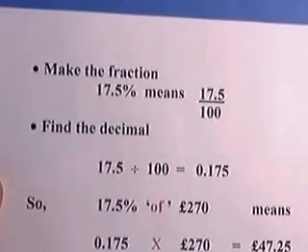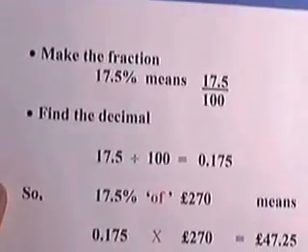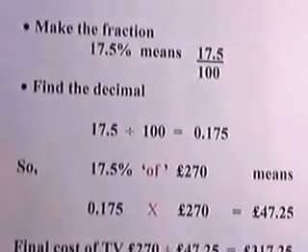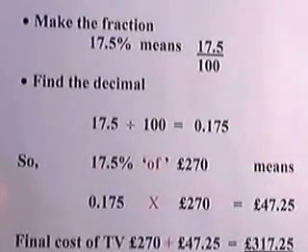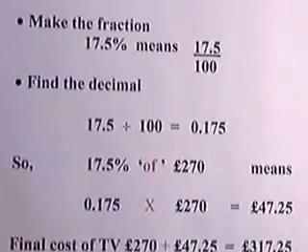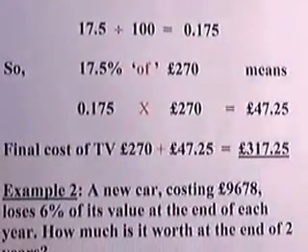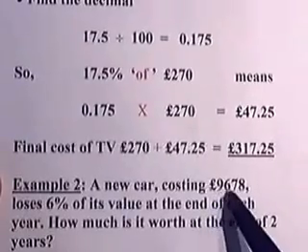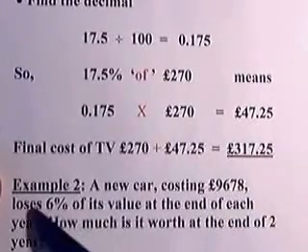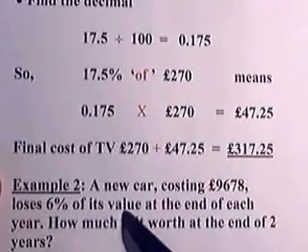So we're finding 0.175 of £270 comes to £47.25. Final cost of the TV, as before, you add it on, £317.25.